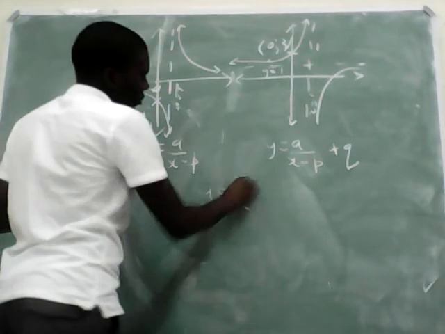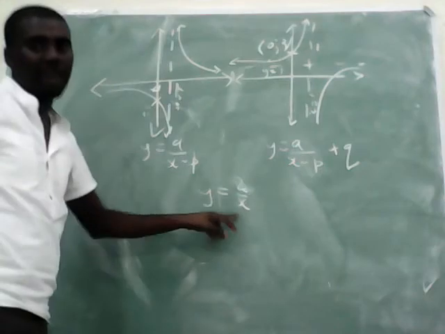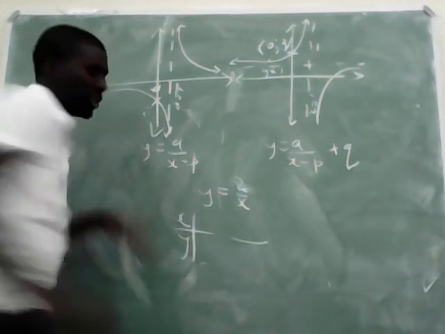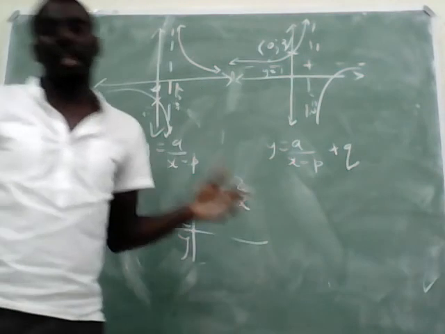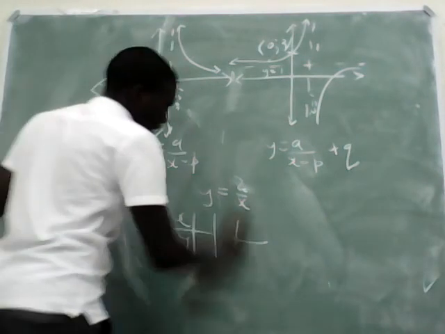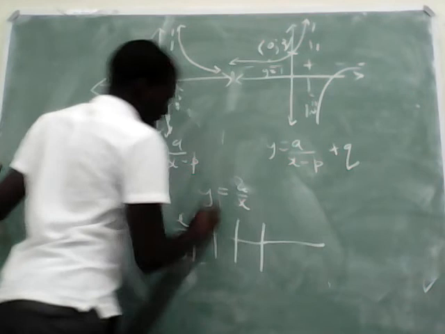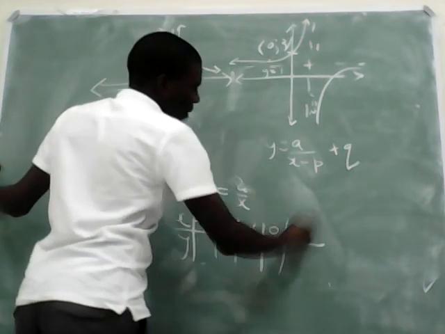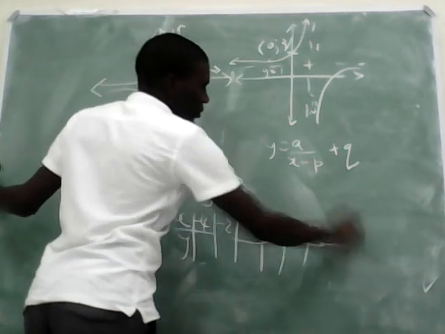Say a is 2, for example, and I want to draw this graph, the standard one. Let me just take any ordered pairs for x: -4, -2, -1, 0, 1, 2, and 4.